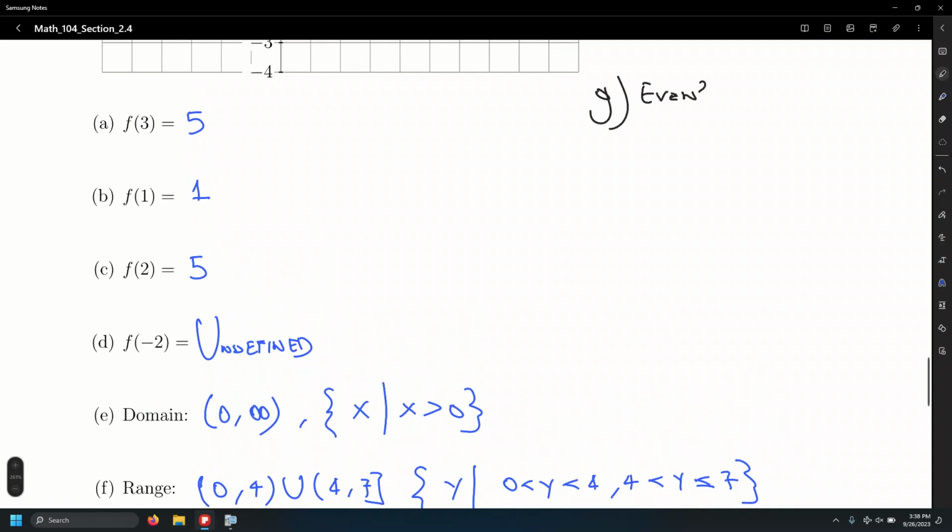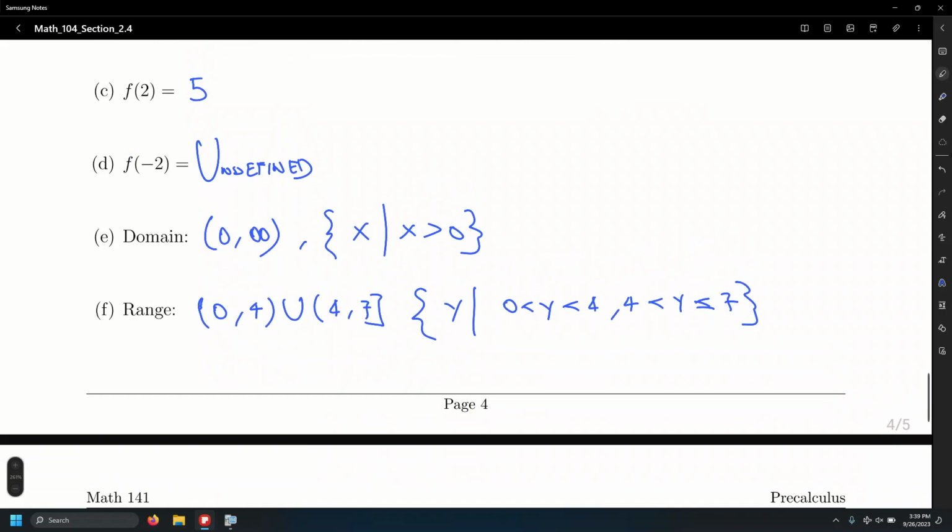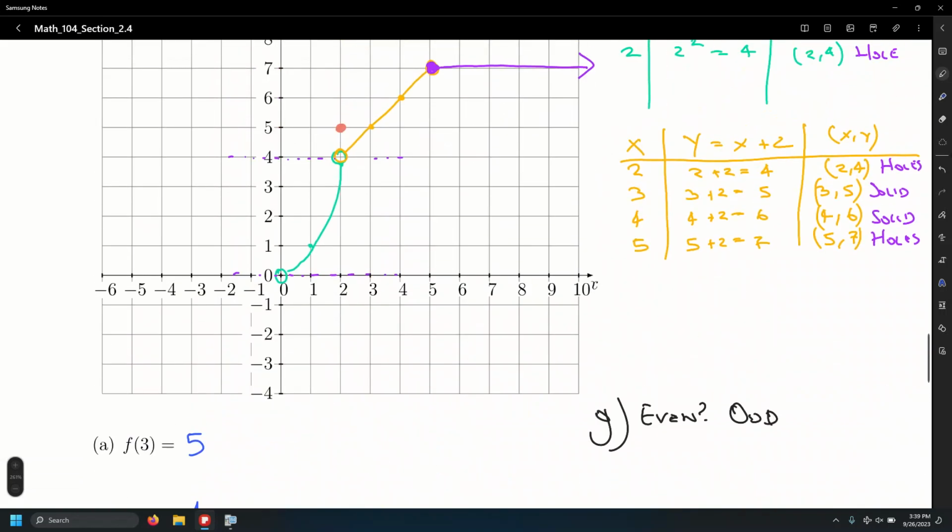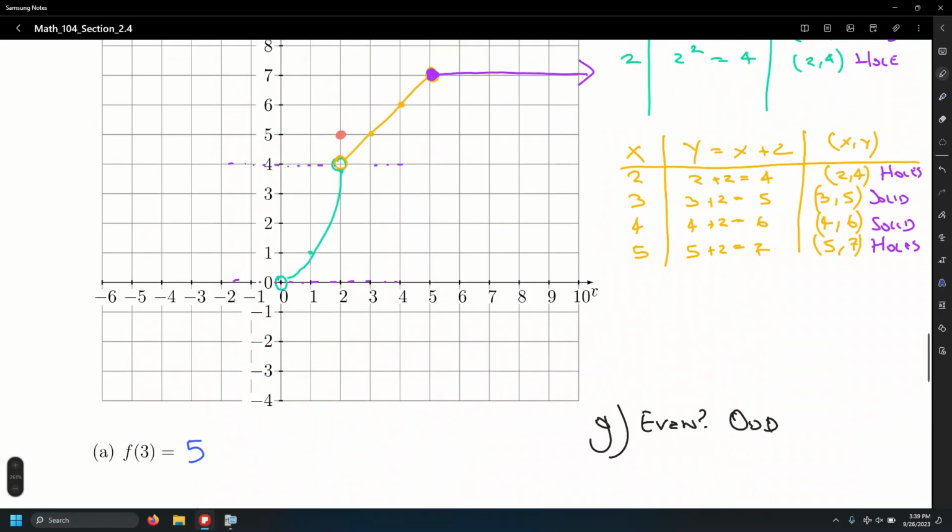Why did we ignore the open circle for the domain, but chose to pay attention to it in the range? Okay, because for the domain, when scanning the graph from left to right, we see a hole, right? However, that hole is in a way covered by that point in the middle of nowhere.